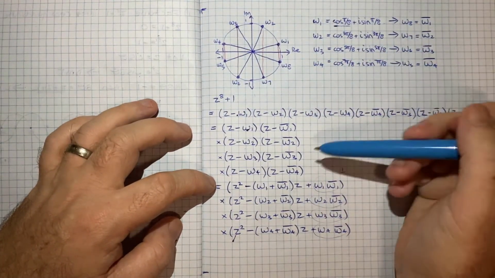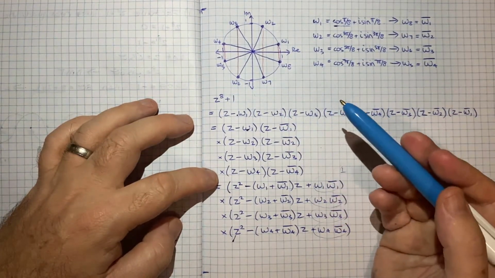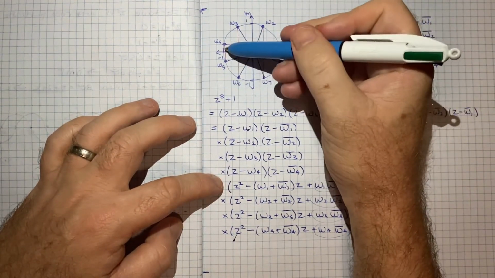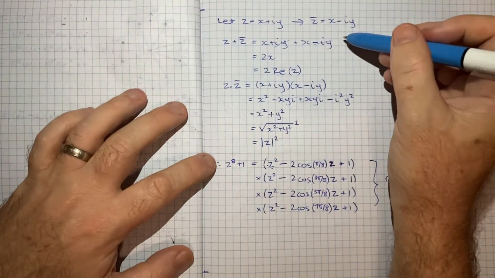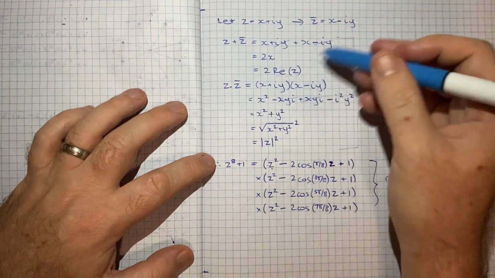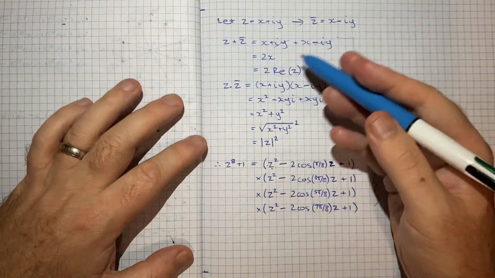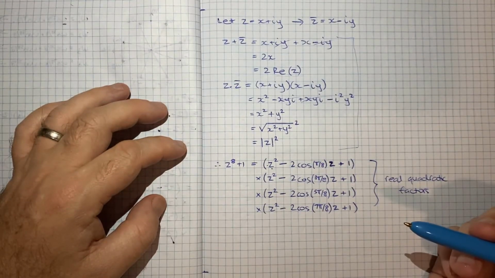And really, the key to getting to all of the coefficients being real was appreciating the fact that we have complex conjugate pairs, and noting these key results about how conjugates interact with each other and how the imaginary parts fall away and you end up with everything being real.